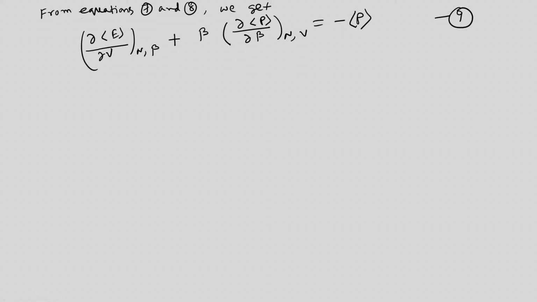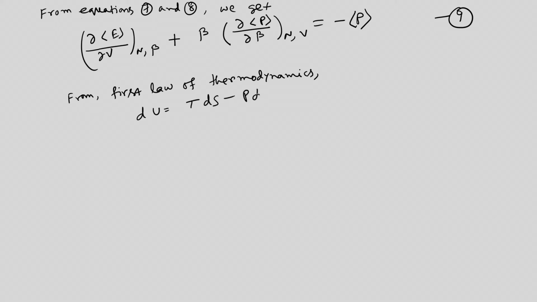Again, from thermodynamics, from the first law of thermodynamics, we know dU is TdS minus PdV, that we discussed. Now, we differentiate this with respect to V, keeping temperature constant.